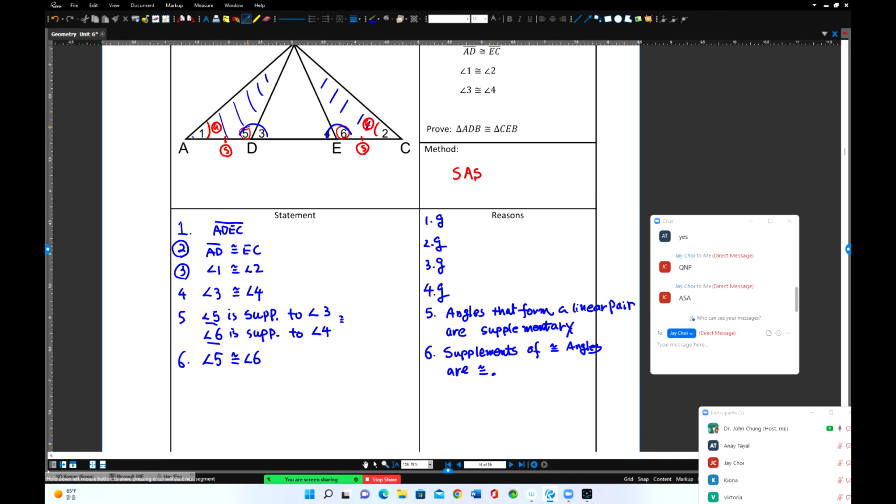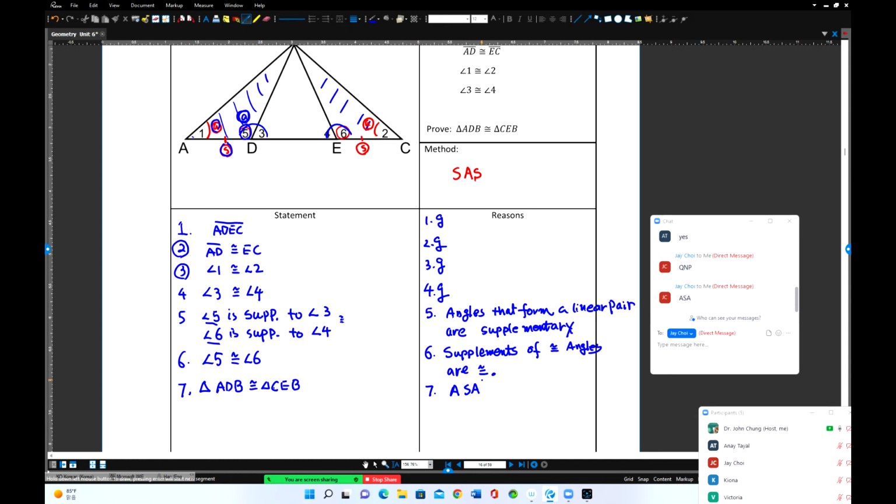Now we got angles 5, 6. That is one angle. Done. Angle, side, angle. We got everything. Now we make a conclusion. Triangle ADB congruent to triangle CEB. The reason is angle, side, angle.